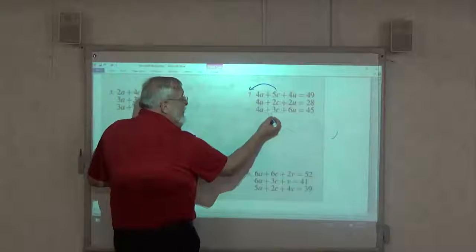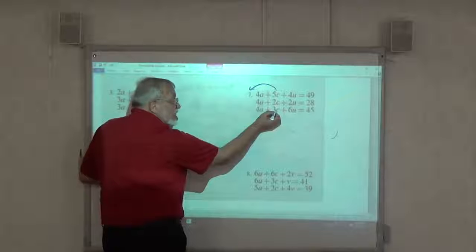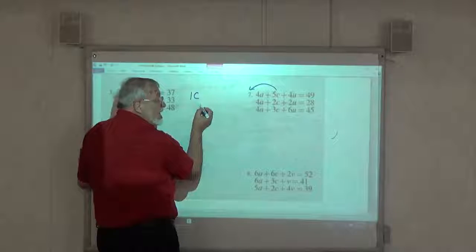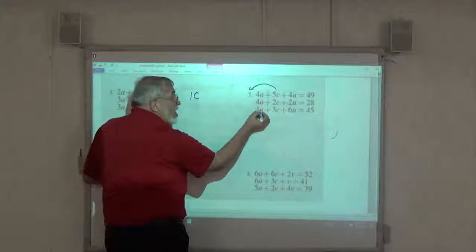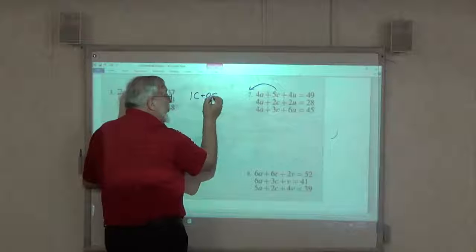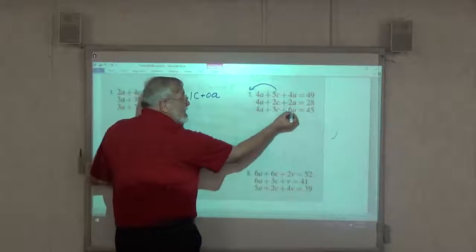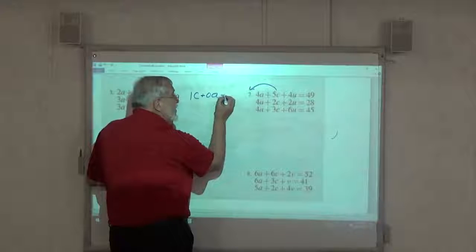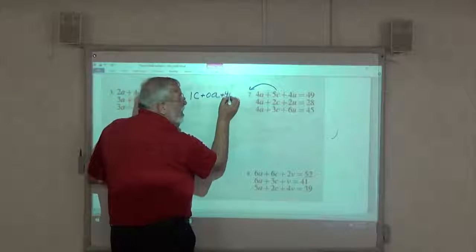Okay, so now my first one is going to be 3 subtract 2, which is 1C. And then 4 subtract 4, which is 0A. And then 6 subtract 2, which is plus 4U.